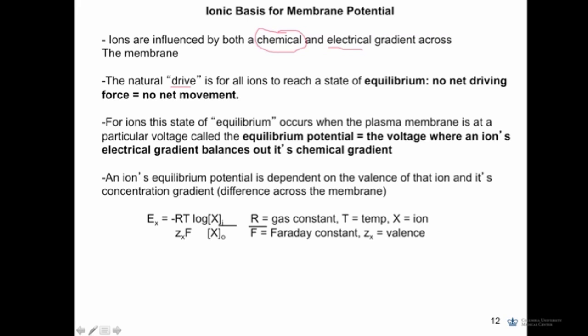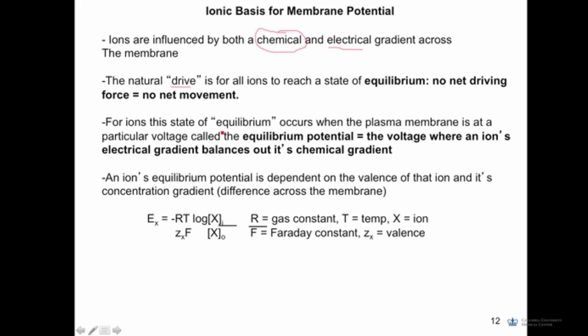So while these ions are striving for equilibrium, they're not necessarily ever going to be able to get there until the cell dies. But these ions are striving for a state of equilibrium where there's no more net movement, or there's no driving force for net movement.